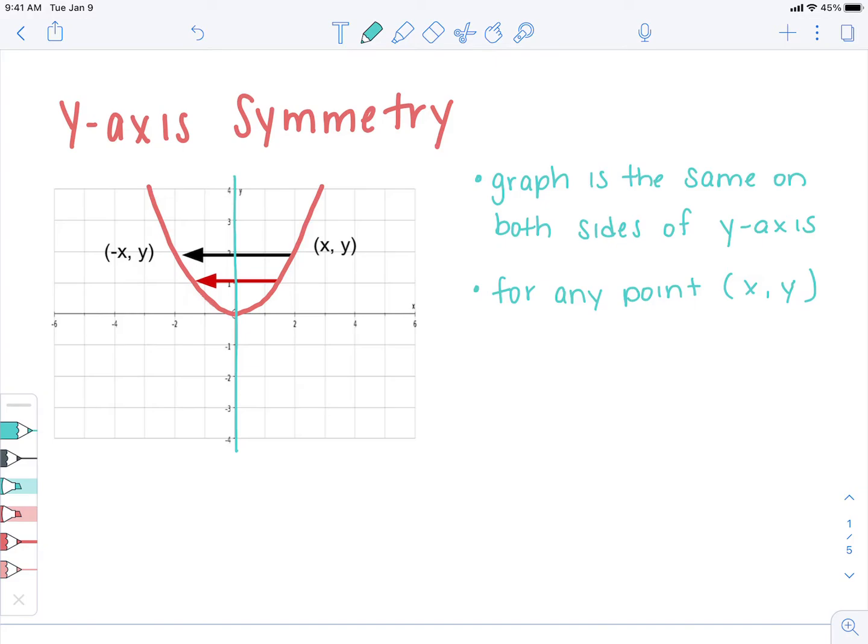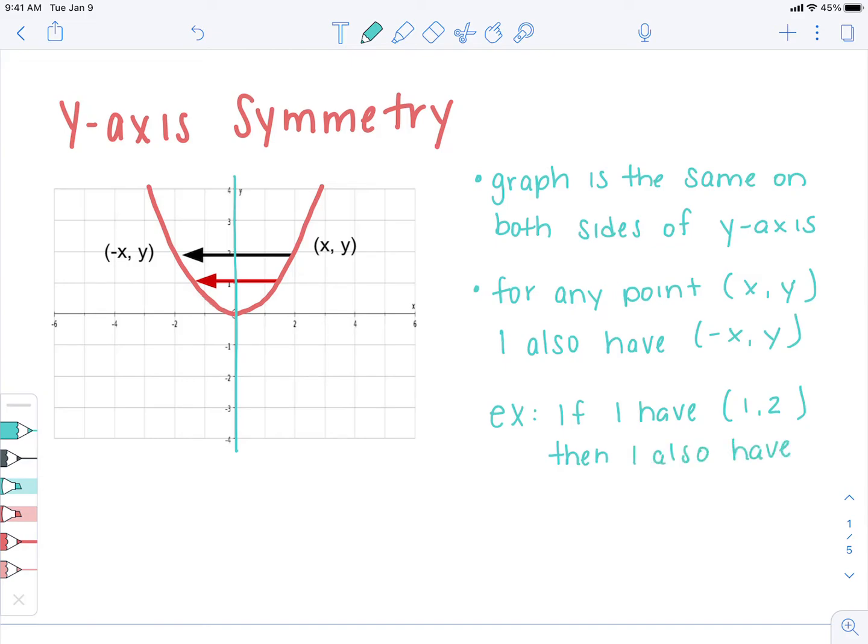So if I have the point (1, 2), I also have to have (-1, 2). So my y values are staying the same, but for every x value I have, I also have to have a negative x value.